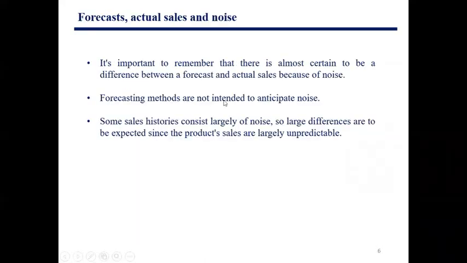But there's an important point which was discussed in the last presentation by Professor Paul Goodwin. When we observe the past sales, we see that there are patterns like seasonality and trend, and there is noise. Noise is something that we cannot predict in the future. So there will always be a difference between the forecasts and the actual sales, and there will always be an error because of the noise part which we cannot predict.